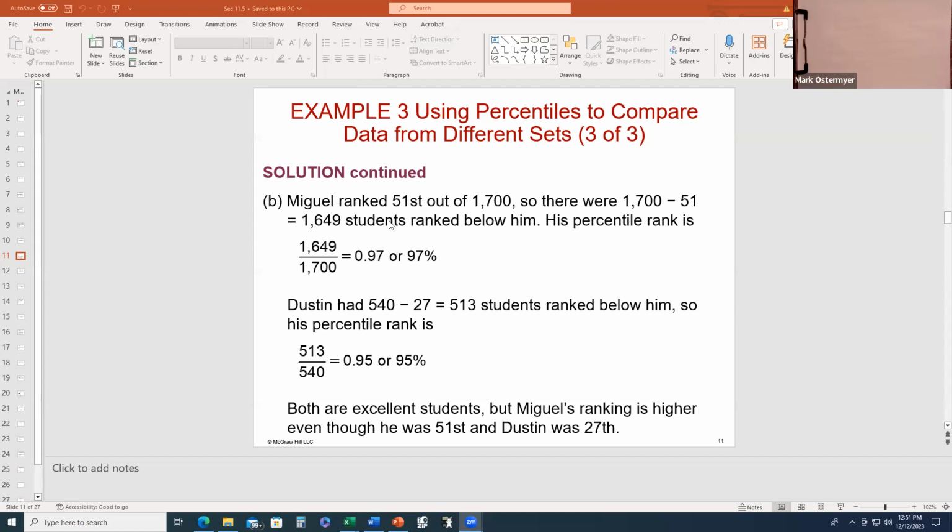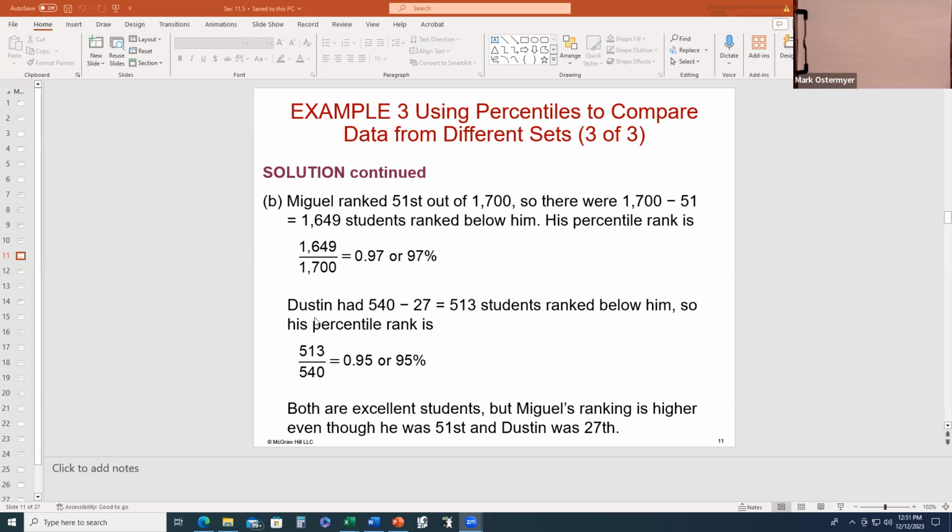Well, that means that 1,649 students must have ranked below him. So now we can compute his percentile. His percentile rank, therefore, is the number of students that were ranked below him divided by the total student body, which is 1,700. And then you discover that Miguel's percentile rank is 97%. So his rank is the 97th percentile for his class.